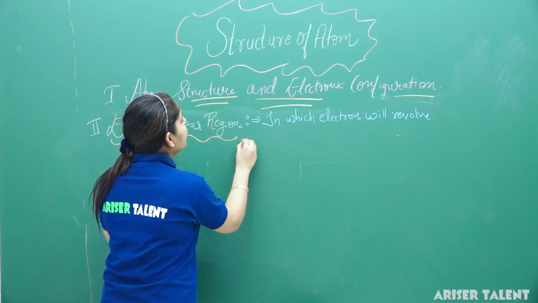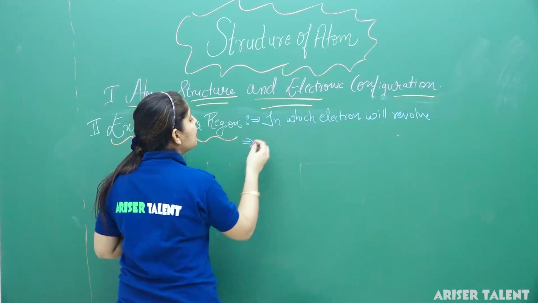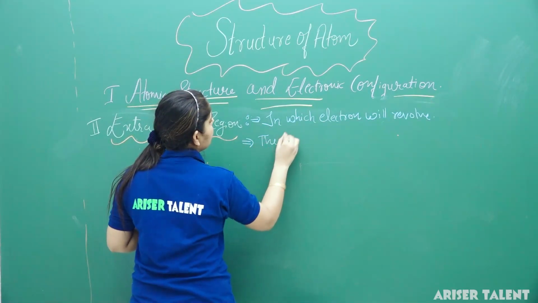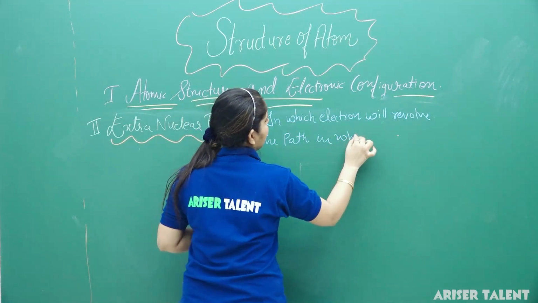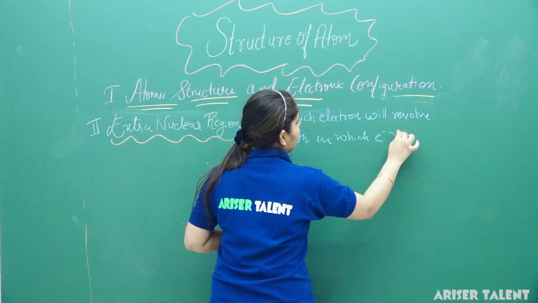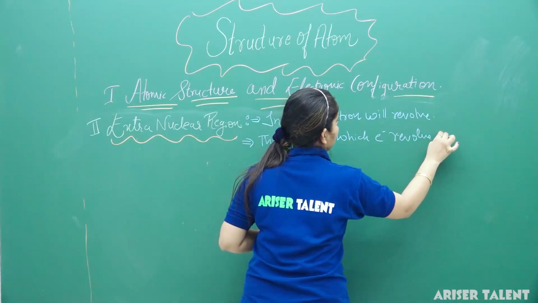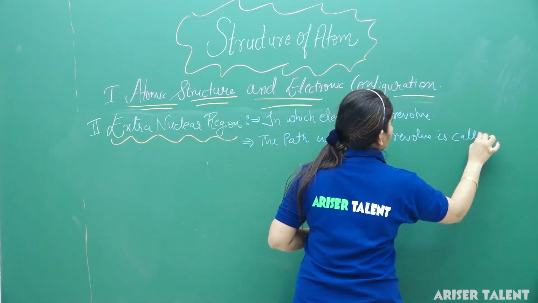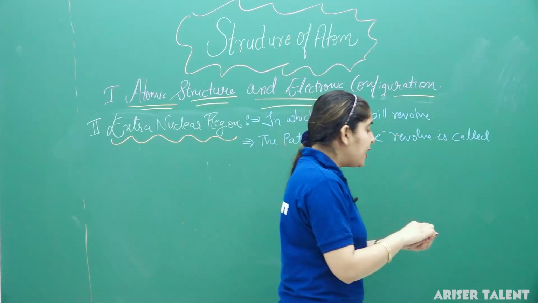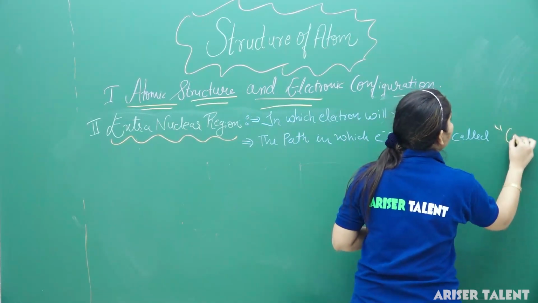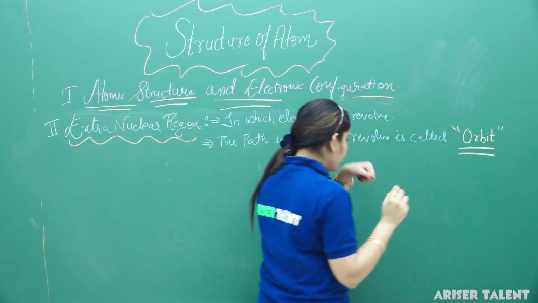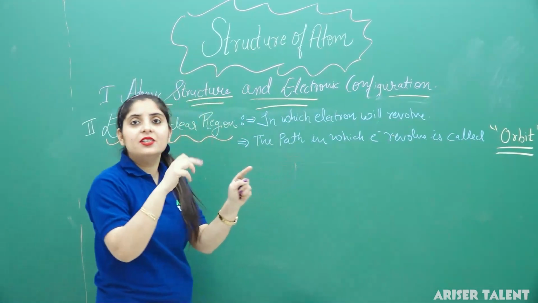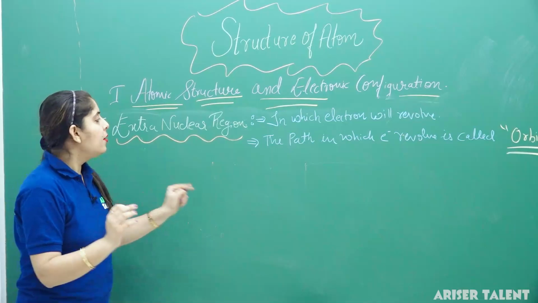Now the electrons will revolve in a certain specified path. The path in which the electron is going to revolve is known as an orbit. We may also call it an energy shell in which the electron will revolve.